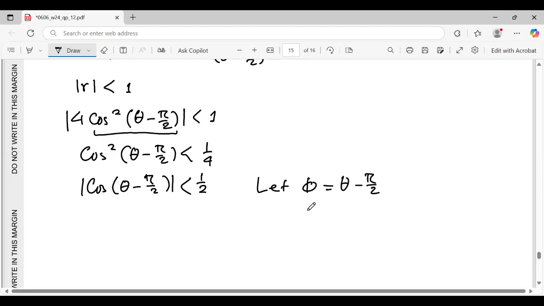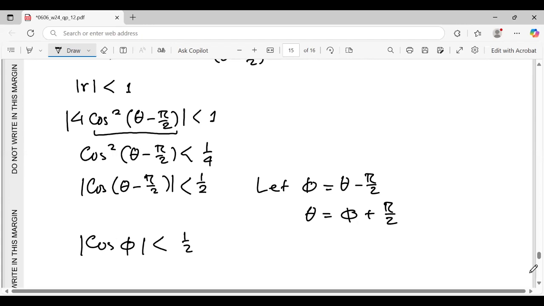So it means theta equals phi plus pi half. So cosine phi from this one is less than 1/2.